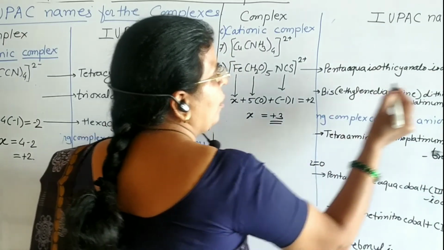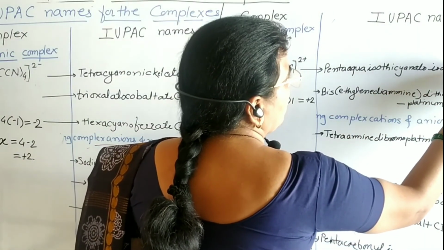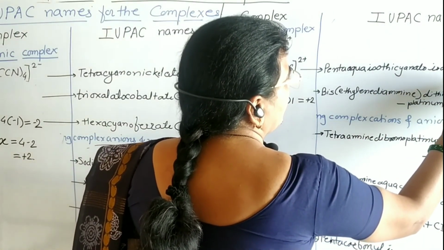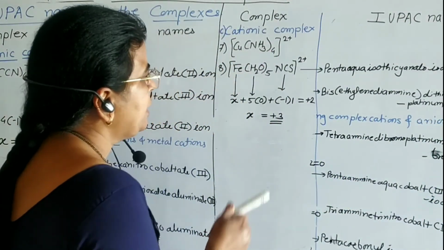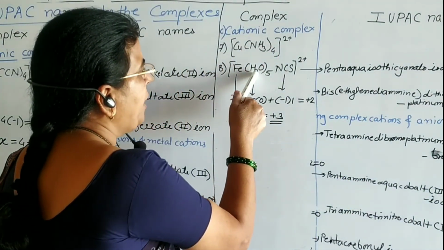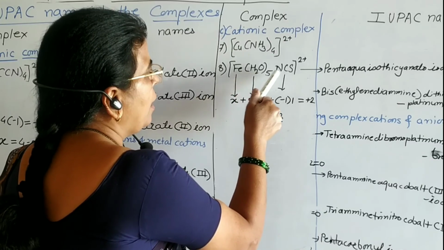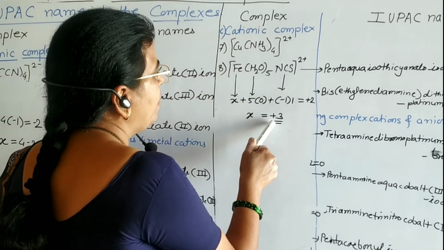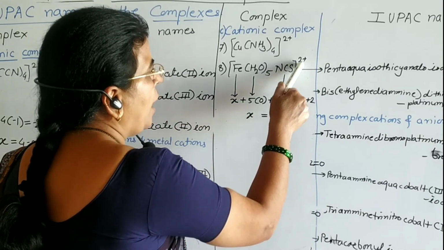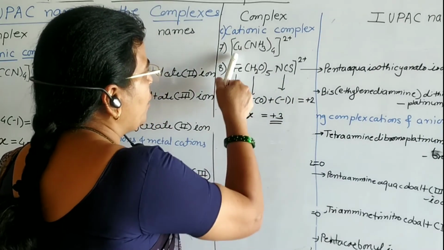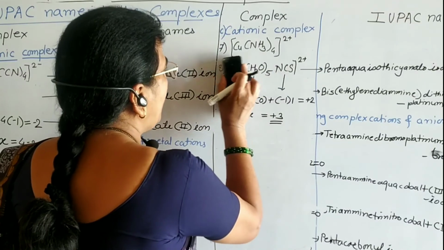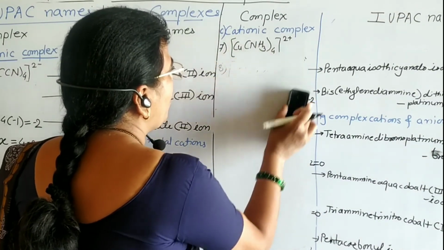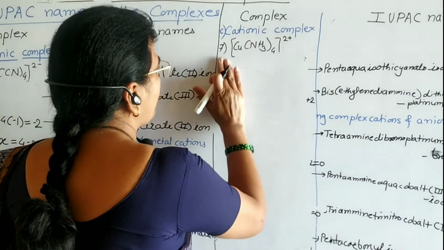In bracket write down oxidation state +3. That is, name of this complex is penta aqua isothiocyanato iron 3 ion. Now we are going to see this last one, that is Cu(NH3)4 2+.